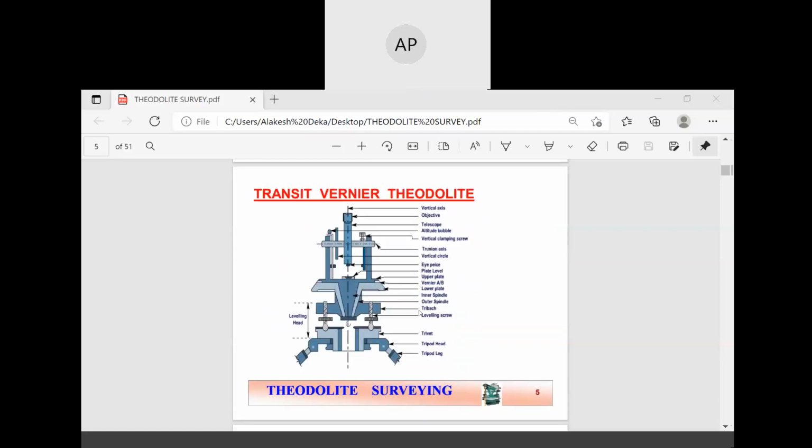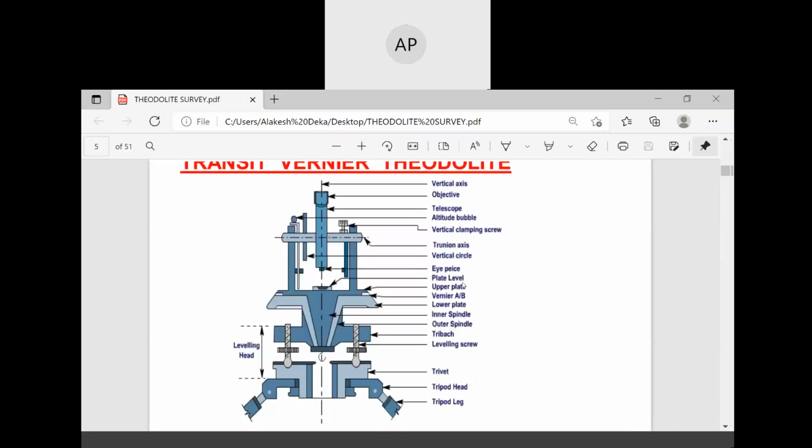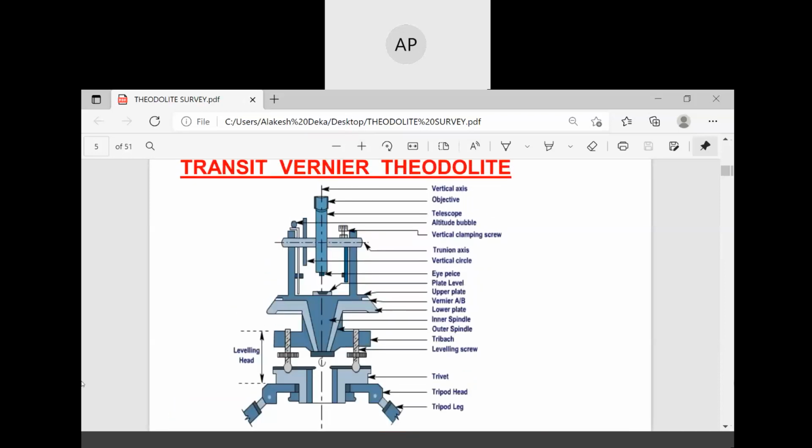Next, the transit vernier theodolite. These are the different parts of a theodolite. In the lower side, it is the tripod leg, tripod head, and tribrach. This is the leveling screw; these two points are leveling screws. This is the vertical axis. This is your object vane.